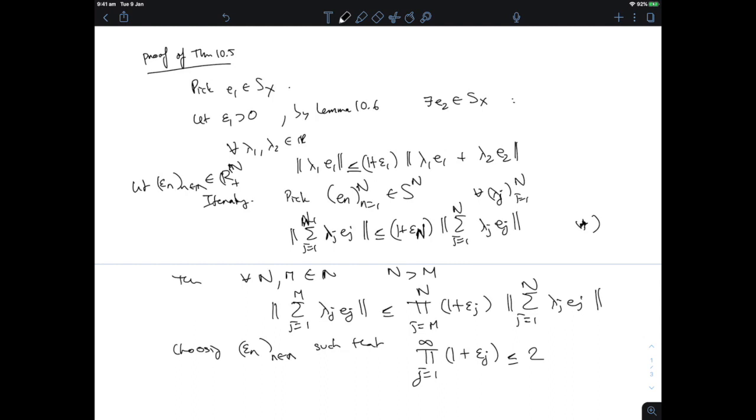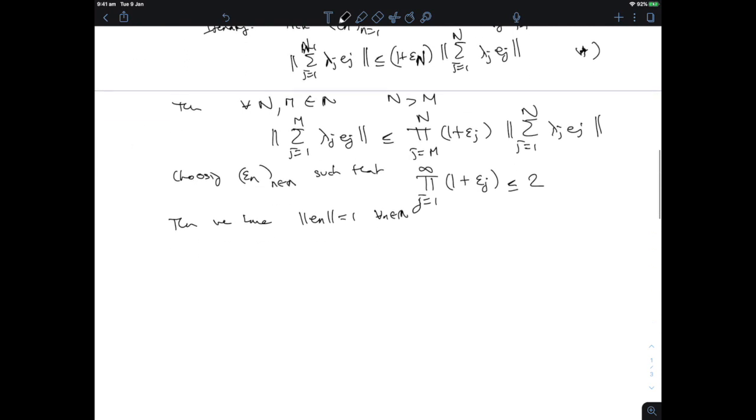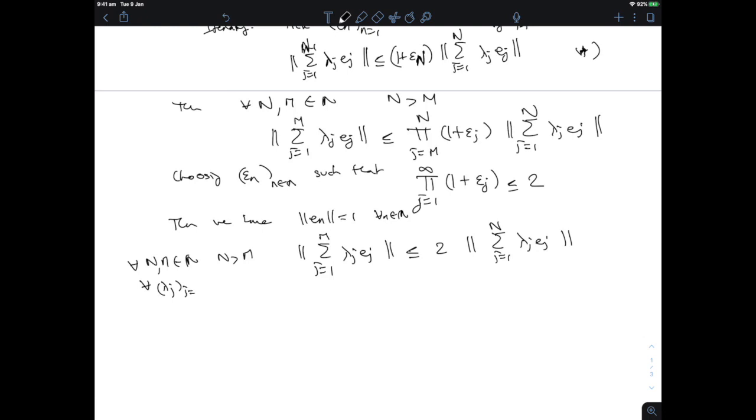Then if we've done that, we have that the norm of En is 1 for all n in N, and the norm of the sum of lambda j ej, j equal 1 to M, is smaller than 2 times the norm of the sum of lambda j ej, j equal 1 to N, and that is true for every N, M in N with N greater than M, and for every sequence lambda j, j equal 1 to N, in R to the N.